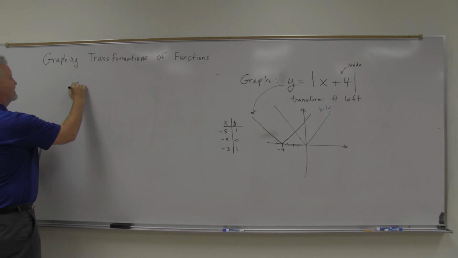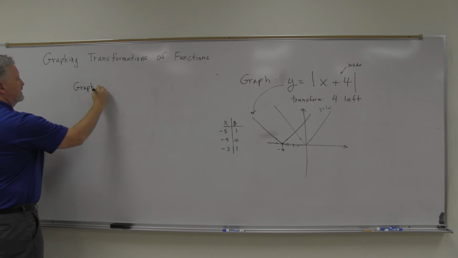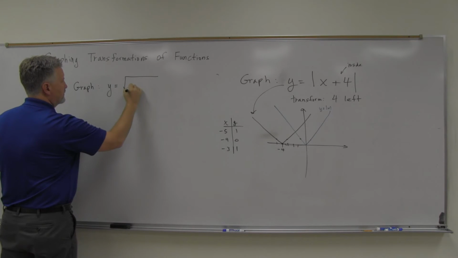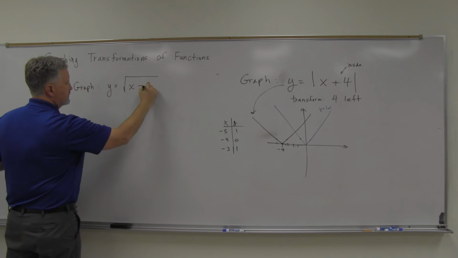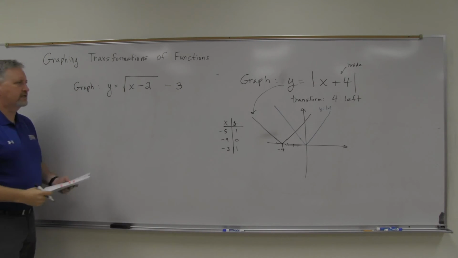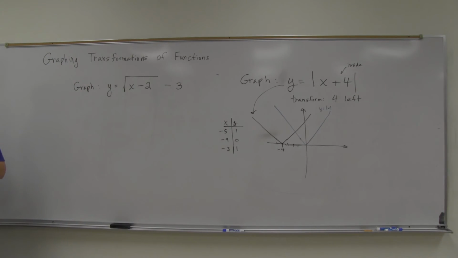All right, so let's graph y equals, let's do the square root of x minus 2 and then minus 3. What do we got there? We got a combination, don't we, of the transformations.